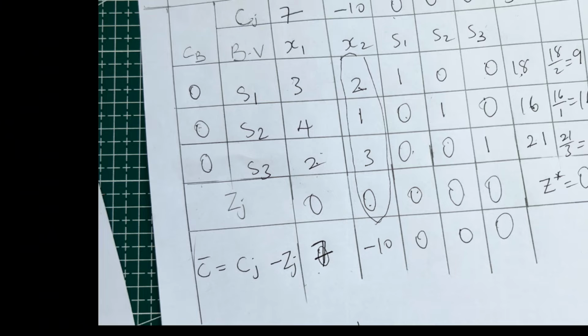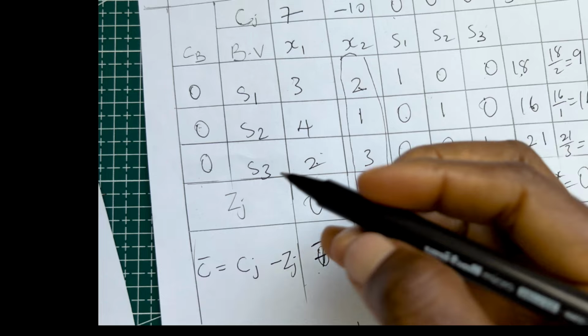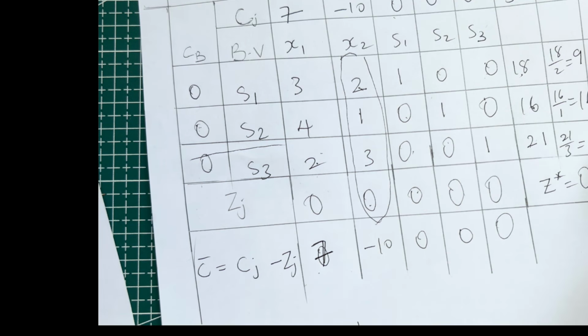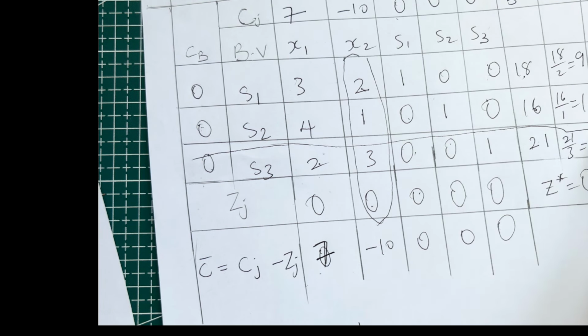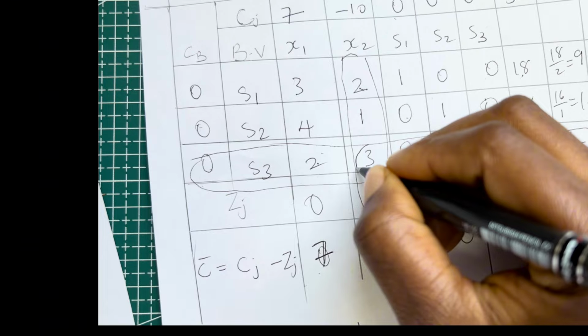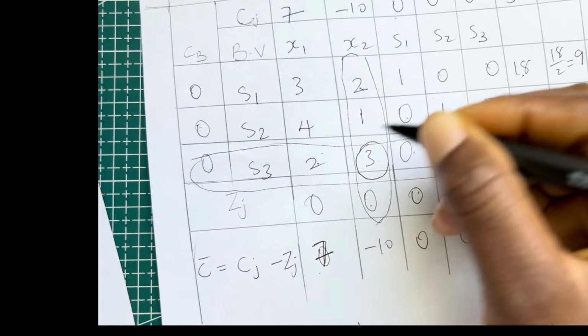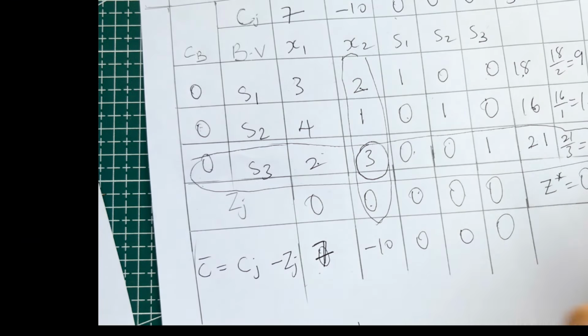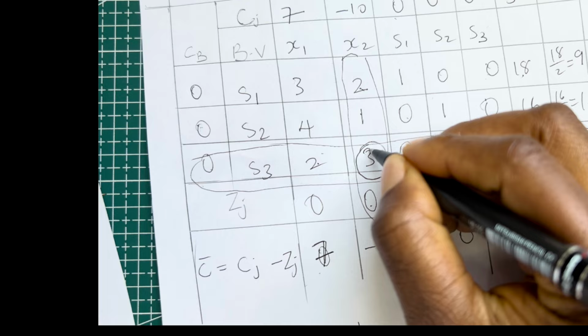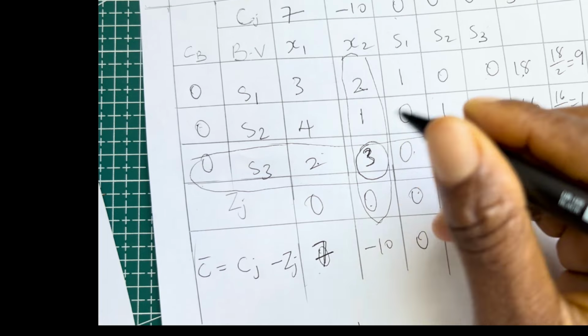After finding your ratio, the next step is to find your pivot row or key row. You select the least value, and the least value forms your pivot row. So here 7 is our least value. This is our key row. Our pivot element or key element is 3, because this is where the two lines join.